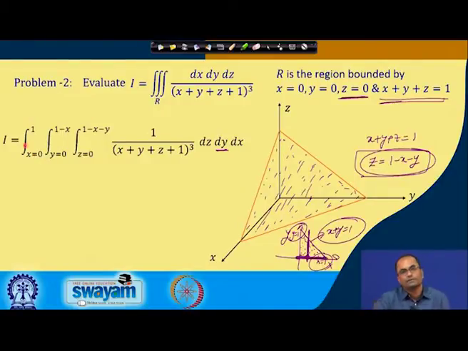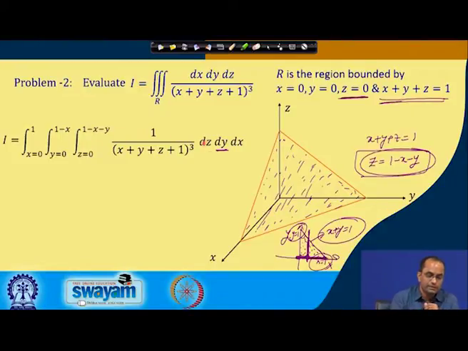So, the most difficult part in this 3 dimensional computation will always be finding the limits. The trick is, for the inner one, for the z, we have to look into the whole 3 dimensional volume and see with respect to z where we are entering the domain and at which surface we are exiting this volume.